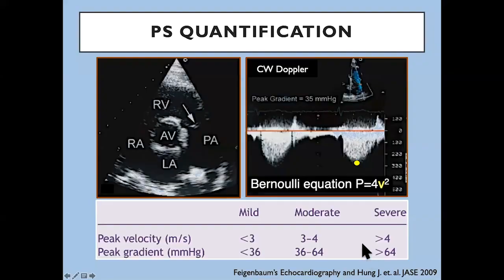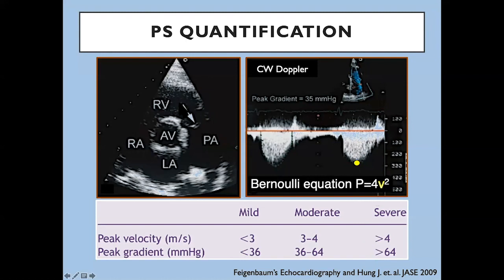Now, the estimation of systolic pressure gradient is derived from the transpulmonary velocity flow curve, as you can see here, using the simplified Bernoulli equation, which is 4V squared. This estimation is reliable, as shown by good correlation with invasive measurement using cardiac catheterization. Typically, peak gradients tend to be higher on Doppler echocardiography than on peak-to-peak cath gradients.